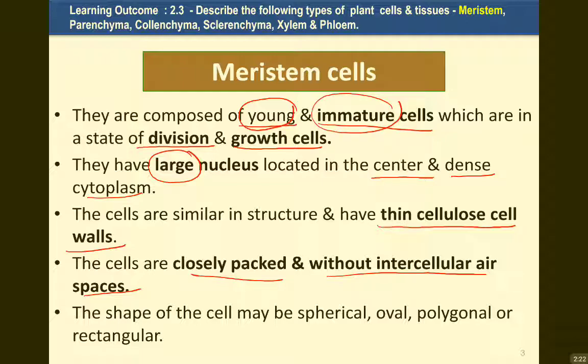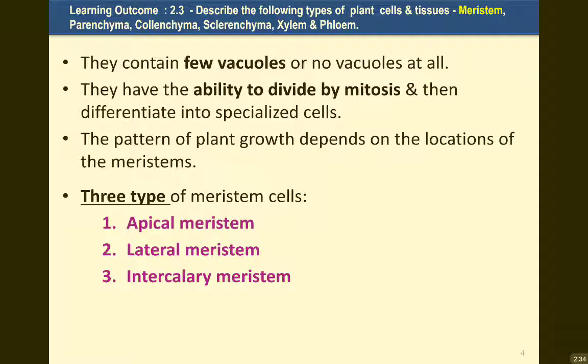They are very closely packed to each other, almost no space within the cell. So the shape of the cell may be spherical, maybe oval, maybe polygonal, maybe rectangular. And the vacuoles, okay, they only have few vacuoles or no vacuoles at all, because all the space is already packed with the nucleus.